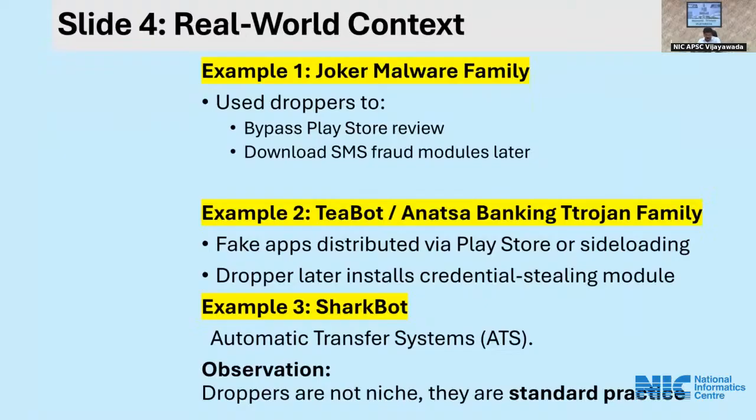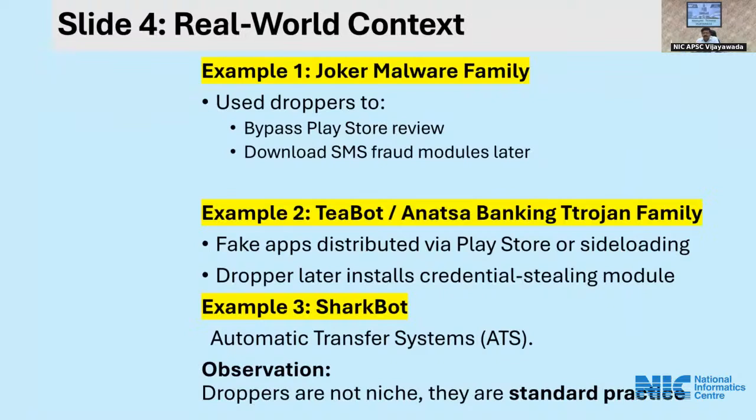What makes Joker particularly interesting is its flexibility. Between 2019 and 2022, Google removed over 2,000 Joker related apps from the Play Store, but still new ones kept on coming. Why is this possible? Because the dropper pattern is easy to vary, easy to change. Google Play Store has detected one of these Joker malware and has removed it.